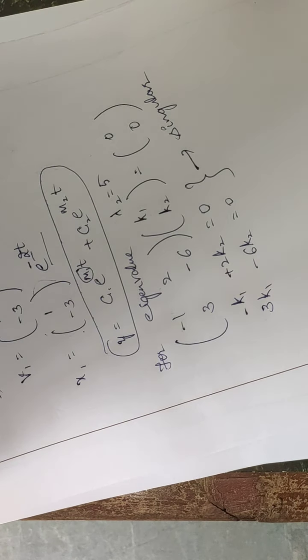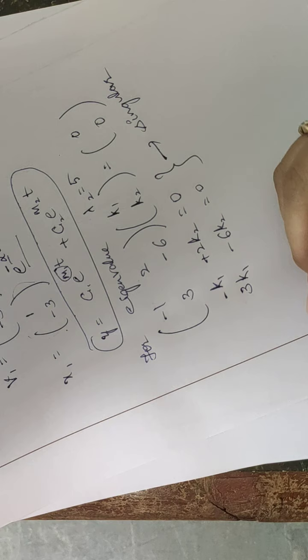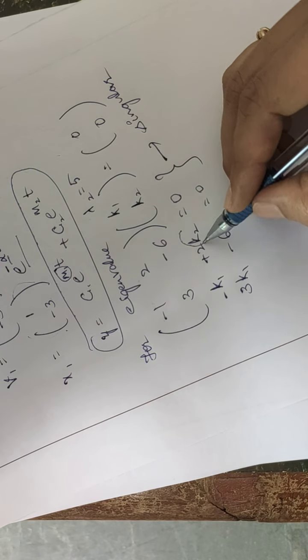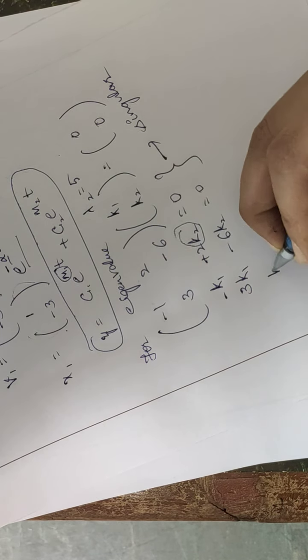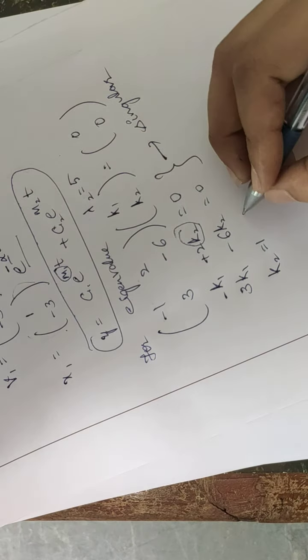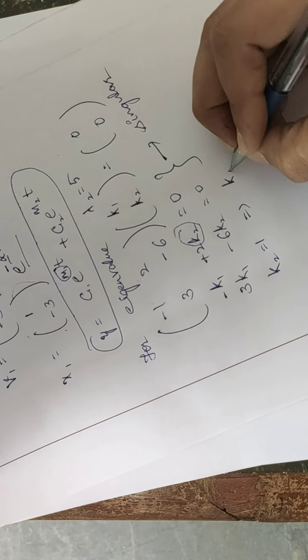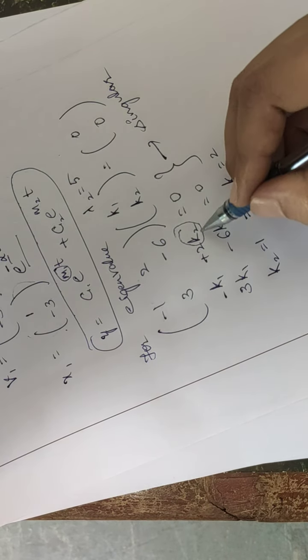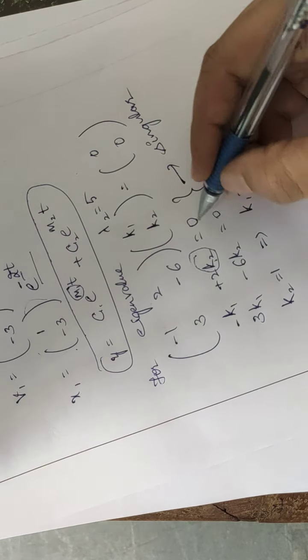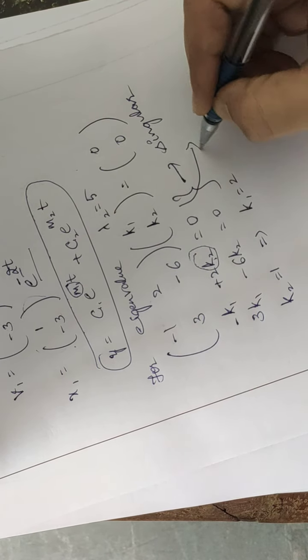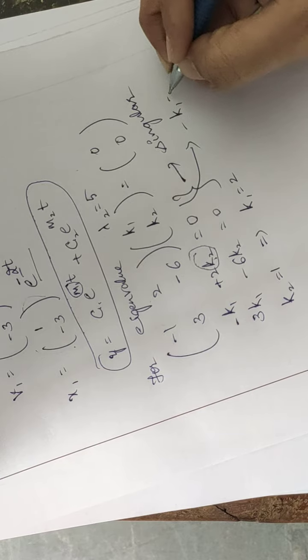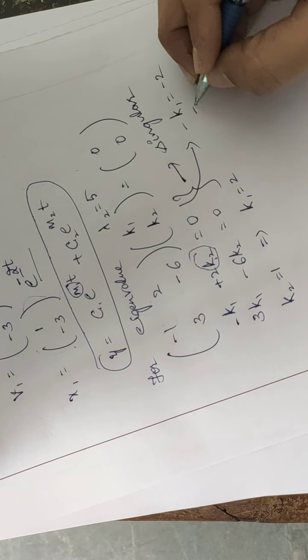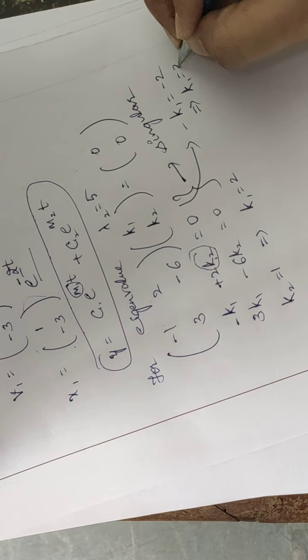So again I will choose a value. Let us choose a value for k2 now. k2 is equal to 1. This implies k1 is equal to 2. If you substitute k2 is equal to 1 here, this equation reduces to minus k1 plus 2 is equal to 0, which is nothing but k1 is equal to 2.